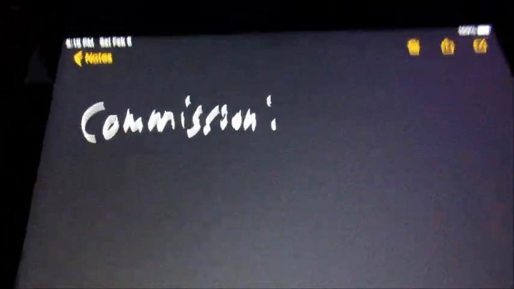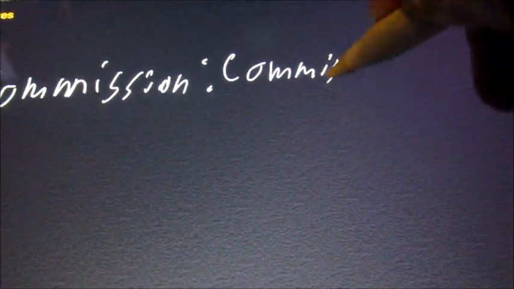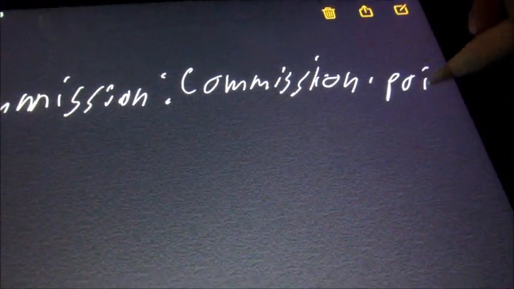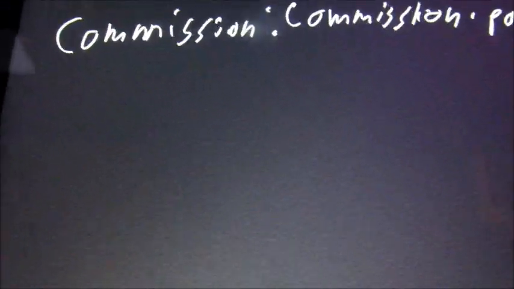The next type of question is for commissions. And like I said, these are pretty much the same thing, except that it's the commission rate times the price. And usually this is going to be when you are selling something.